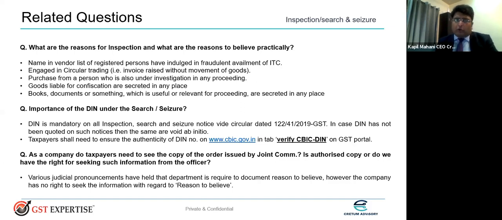That reason to believe should be in writing with the department, and whenever any kind of court proceedings happen, they should be in a situation to disclose that reason to believe to the judicial person to justify that the proper procedure in accordance with the Act was followed in respect of the reason to believe.